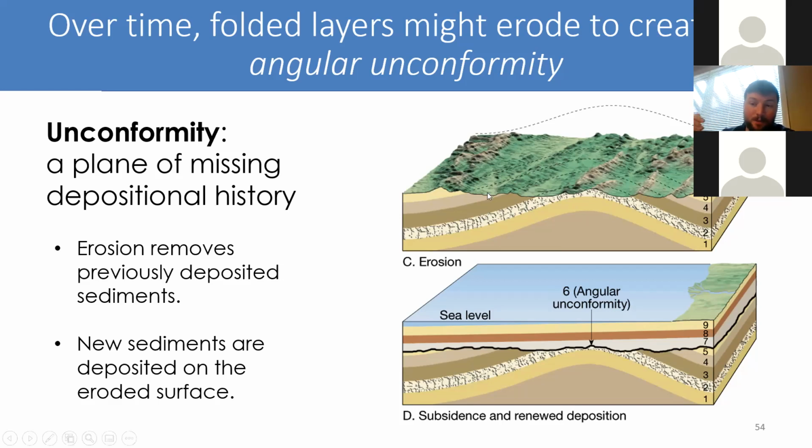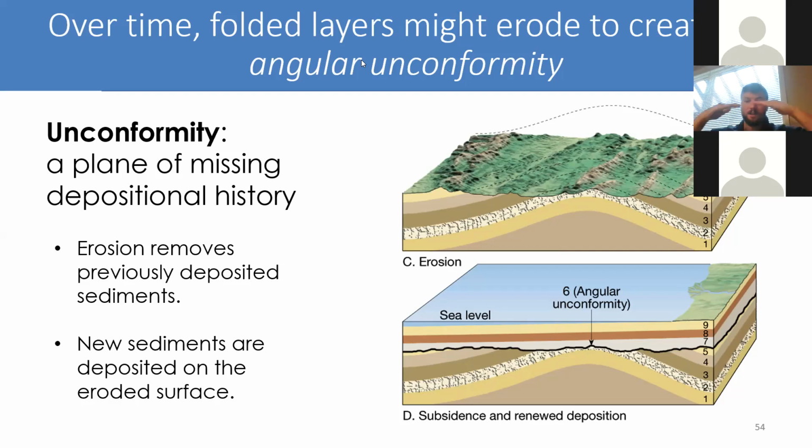Now we're going to deposit new stuff on top of that, and it's going to deposit, of course, in a horizontal layer. So if we see those horizontal layers right on top of some difference in angle, we can infer that the force that uplifted those rocks had to come before those new rocks deposited on top of the surface.